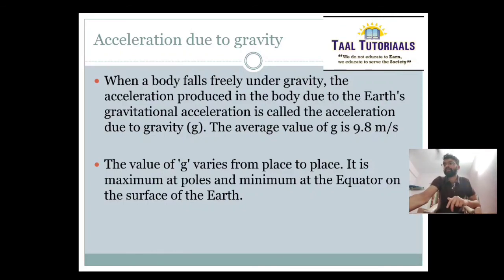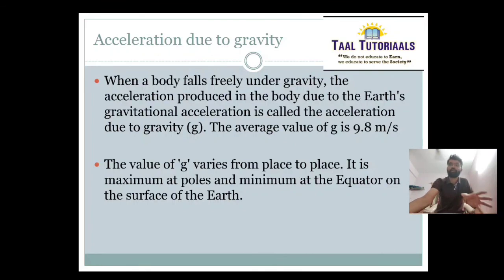The average value is always taken as 9.8 meter per second square. But in numericals, if there is no value given, we take 9.8, but sometimes you will see 10 is also given. See, the value of g does not depend on the mass of the body.